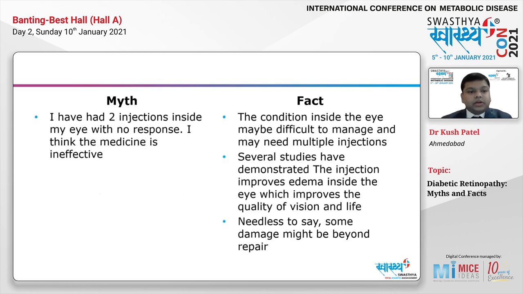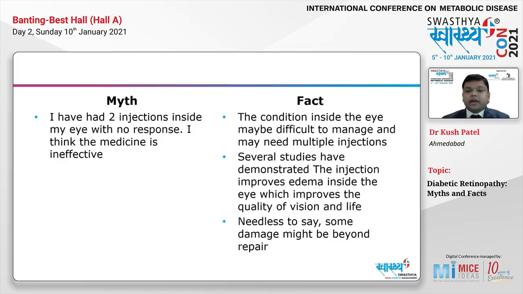Another myth regarding patients who have already been treated for diabetic retinopathy is: I have had 2 injections inside my eye, but there was no response, so the injection given to me is an ineffective treatment. But the fact is that the condition inside the eye may be difficult to manage and may need more than 2, even 5 or multiple, injections.